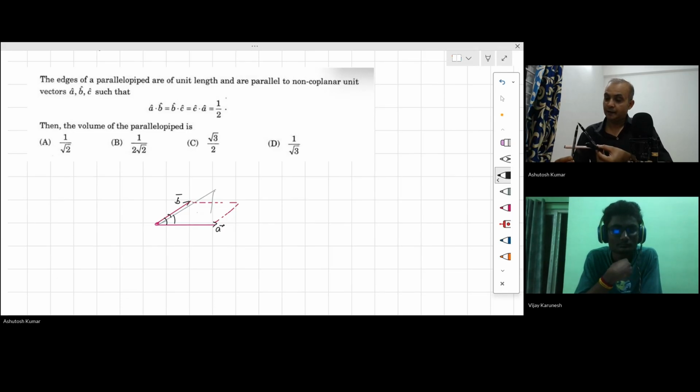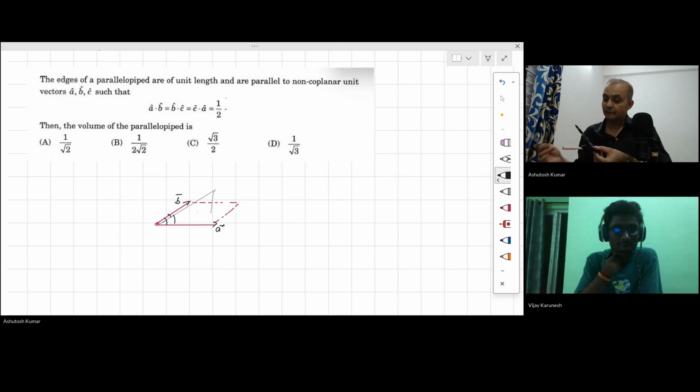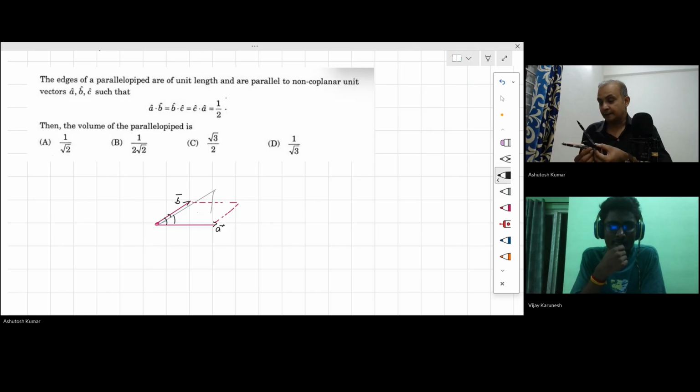That's the problem. If you have to find the height, I have to use this angle, the angle made by the vector C with this plane. With this plane means if I take the bisector of these two vectors A and B, the angle made by the bisector and the vector C is sufficient to find the angle between the plane and this, because this will be the same length.